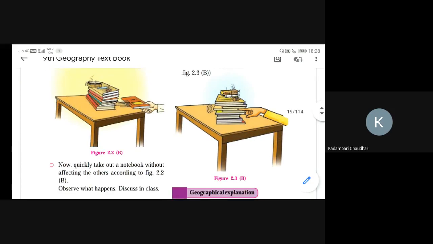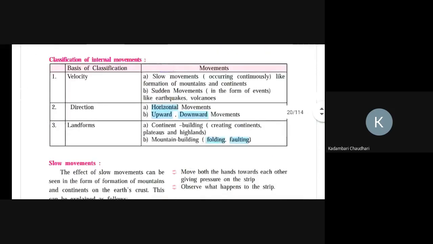Now I think you can understand what is vertical, upward and downward. I hope you have understood what is the horizontal movement of the earth's mantle or earth's layer, and what is the upward and downward. If there is upward and downward movement, obviously there is a very high magnitude of earthquake or volcano eruption. But in the horizontal movement there is no direct earthquake or anything else, but it continuously presses one continent or one landform towards the other one.